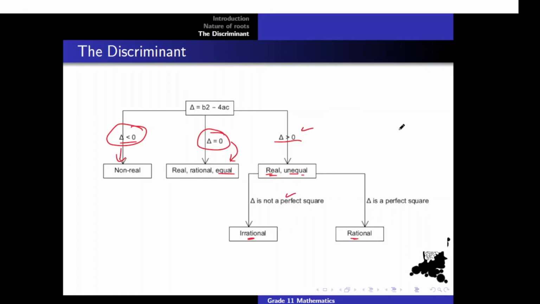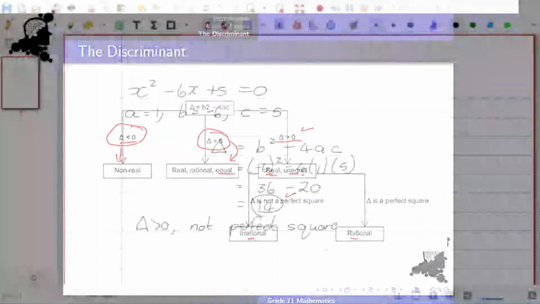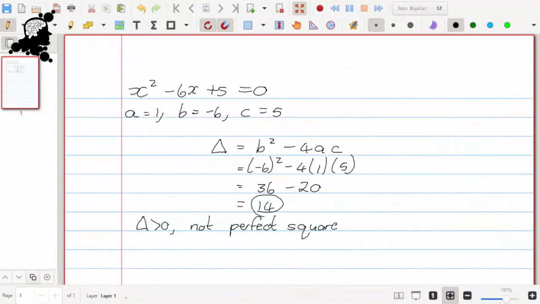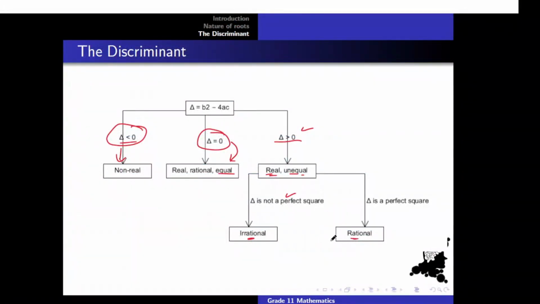Delta is not a perfect square. It means, therefore, that my roots are going to be real because it's positive, irrational because it's not a perfect square, then unequal because delta is not equal to 0. I hope that this makes sense. Let's look at the next question.